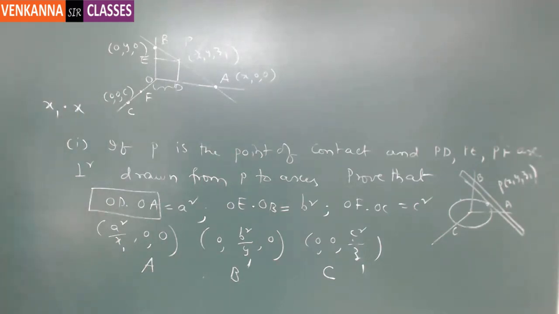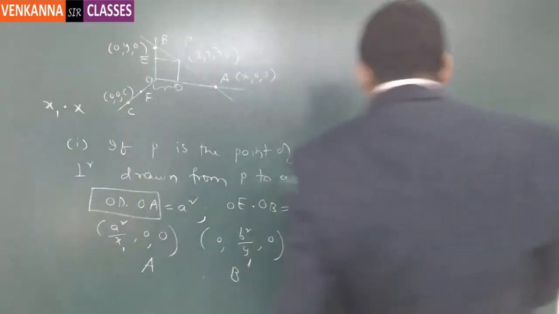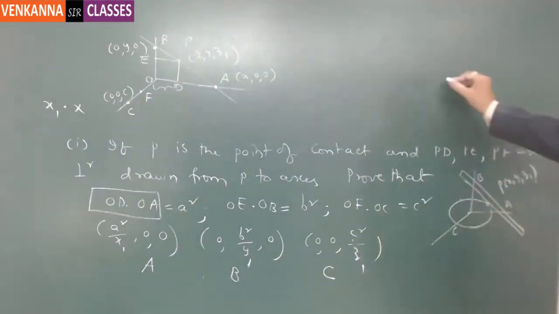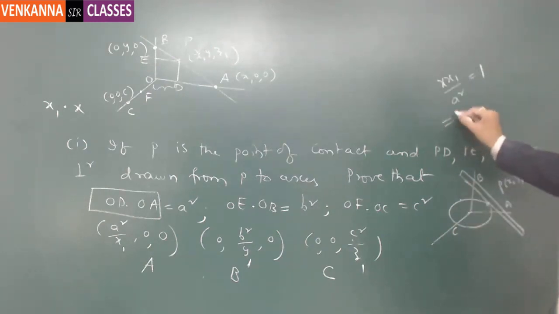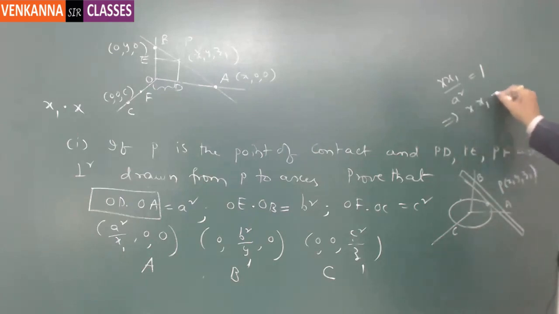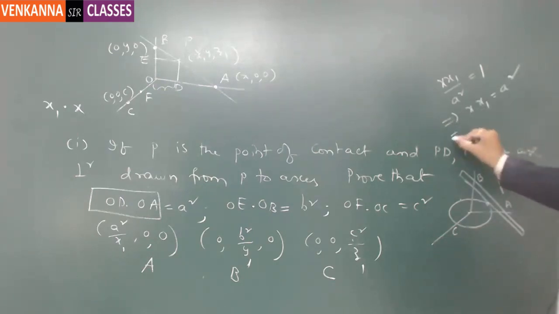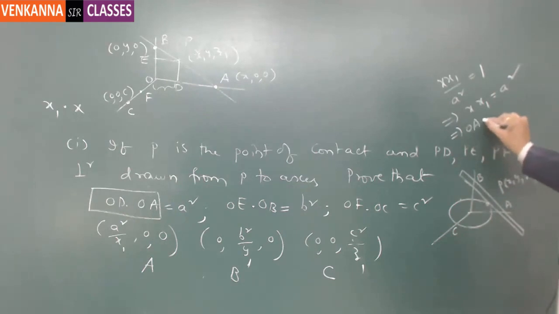Earlier you have proved, while taking the intercepts, that x1 by a square is equal to 1. This implies x1 is equal to a square. So x is nothing but OA, x1 is nothing but OD, and the product is equal to a square.